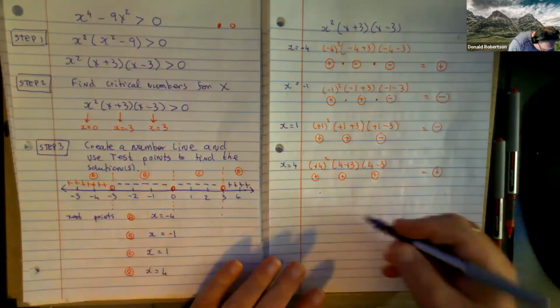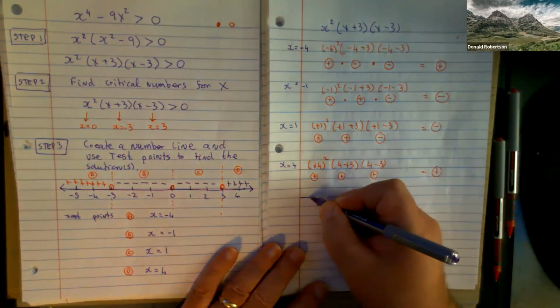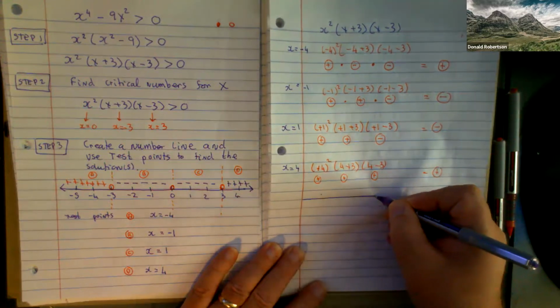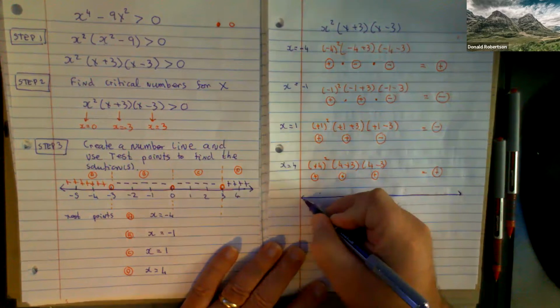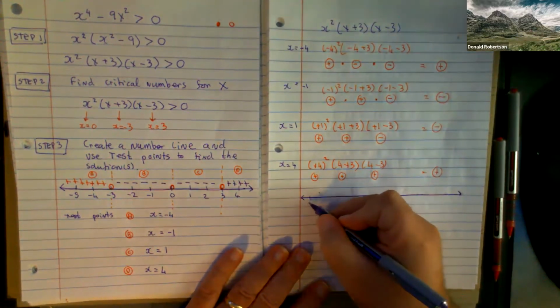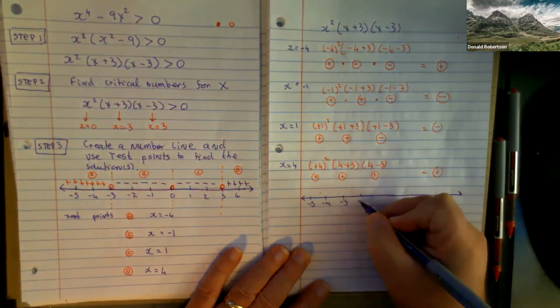Now I'm just going to redraw this line. You wouldn't normally need to do this, but since I'm going to be pointing at things, I think it's better if it's just a little bit more here. So what we got, we have -5 and all the other numbers that go.